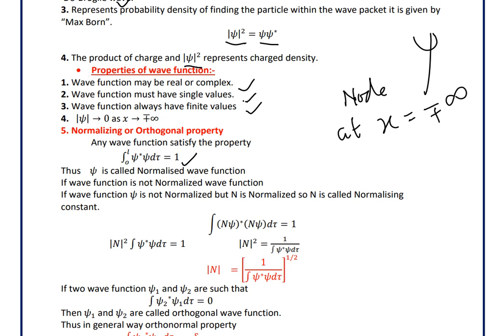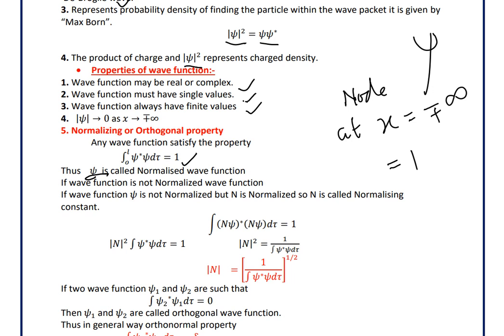Then our wave function psi is called a normalized wave function. So with a normalized wave function, the total probability is equal to 1.